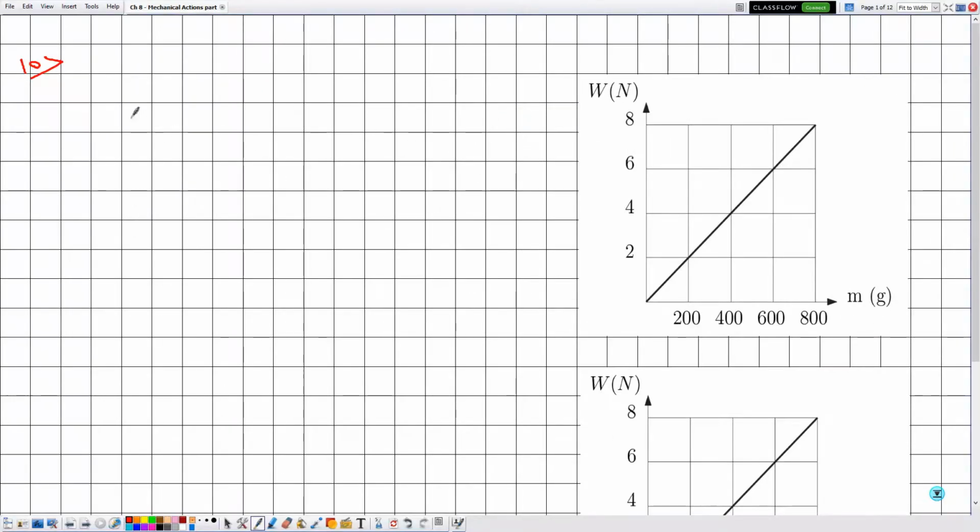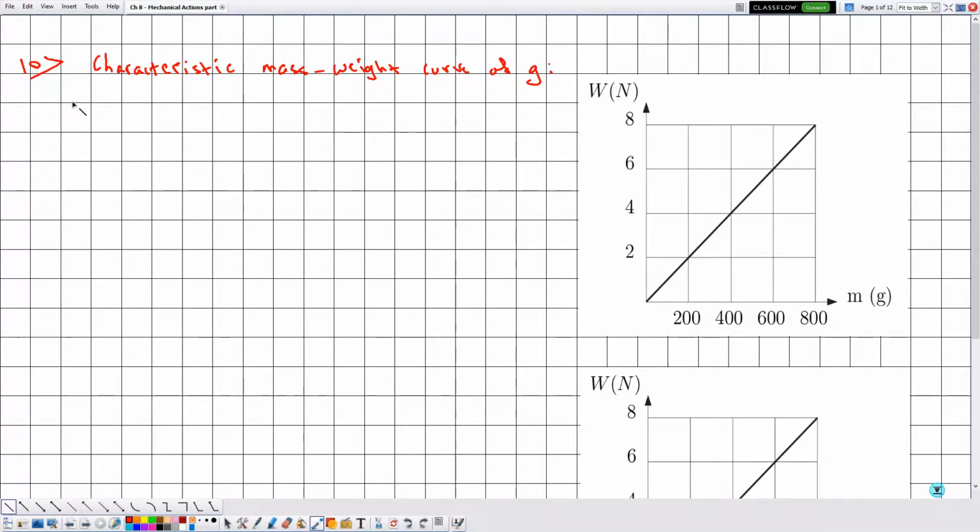So for this reason the title of this section will be the characteristic mass-weight curve of g, in which g represents the gravitational field strength.